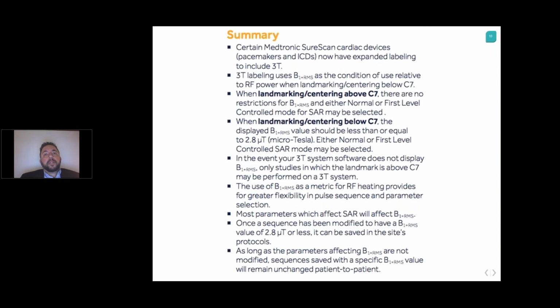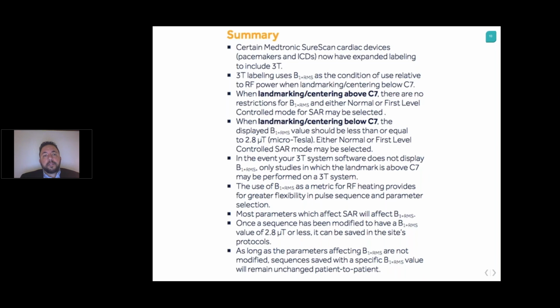So again, Medtronic states that their summary is that there's now expanded labeling to include 3T under certain conditions for use. B1+RMS, if indicated on your scanner, gives you clearance to landmark or center below C7.